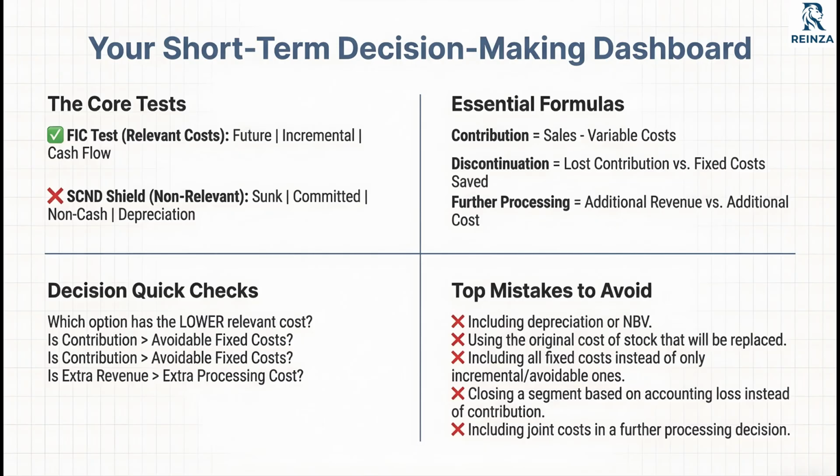Fourth, the top mistakes to avoid. Do not include depreciation or net book value. Do not use the original cost of stock that will be replaced. Do not include all fixed costs, only the incremental or avoidable ones. Do not close a segment based on accounting loss alone. Check the contribution. Do not include joint costs in a further processing decision.